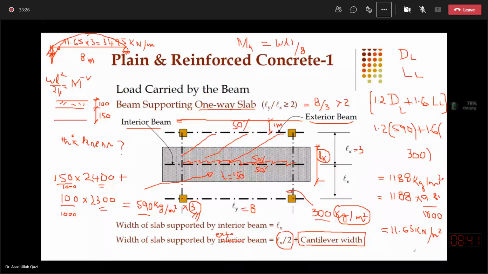And if suppose there is a cantilever present and it has a length of 1 meter, that 1 meter will be included into that Lx by 2.